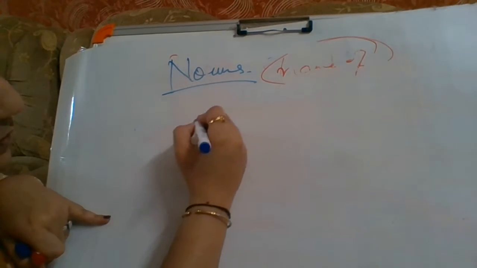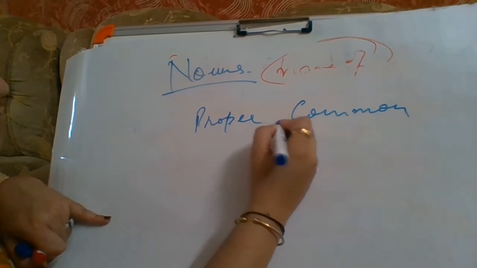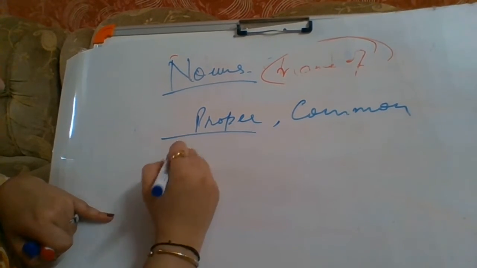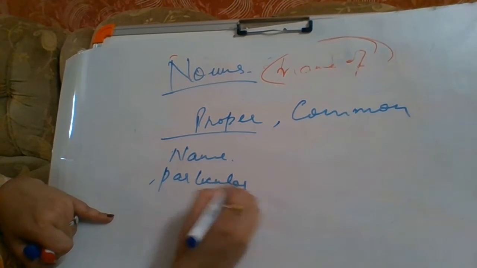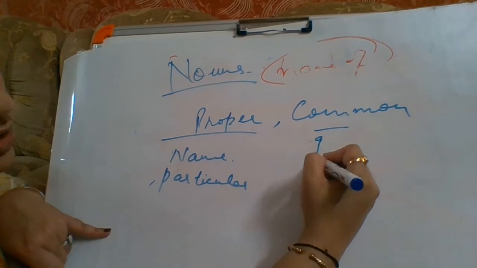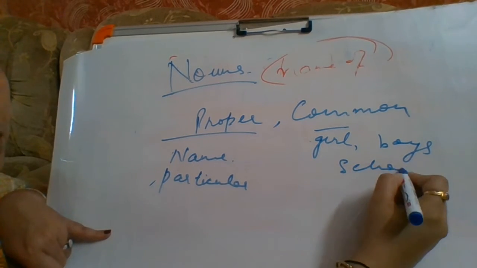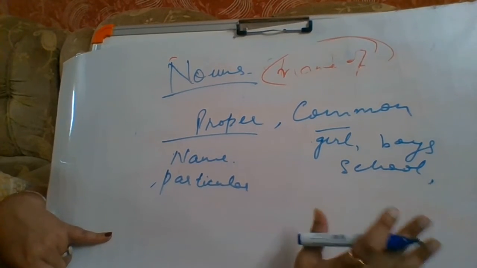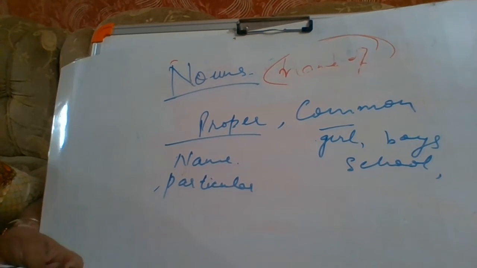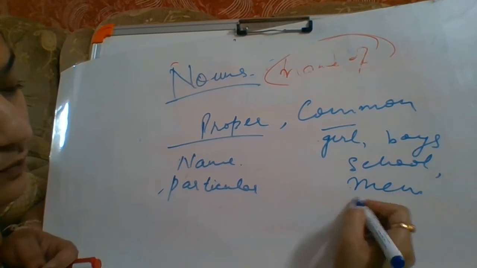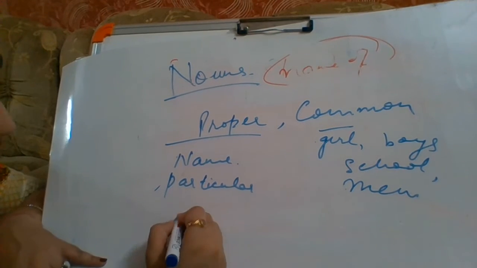Nouns are of two types: proper and common. Common nouns are names that categorize things commonly, like girl, boy, school, man, men. But a proper noun is a particular name, like my name, Purva.